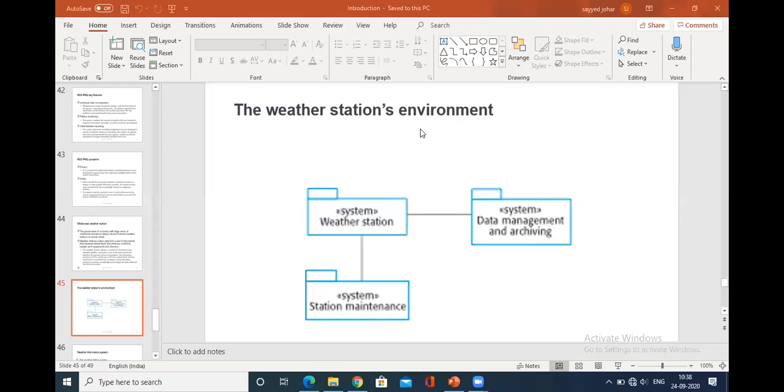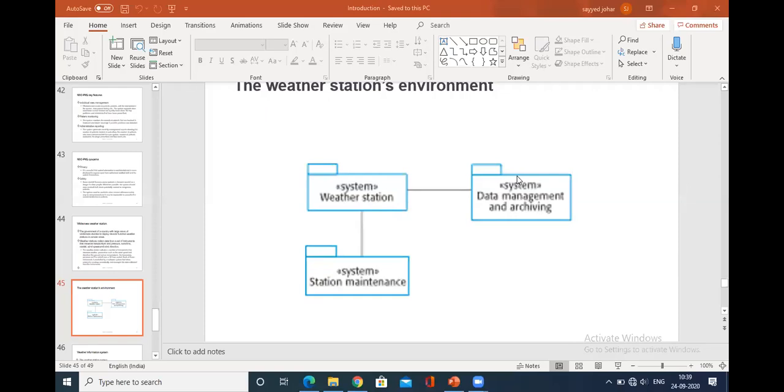Here the database management usually collects the data from the weather station hardware device, and it processes and analyzes that data into a form that can be retrieved by other systems. So overall, I would call this system a weather forecasting system.